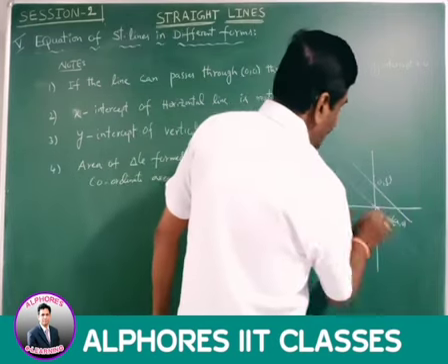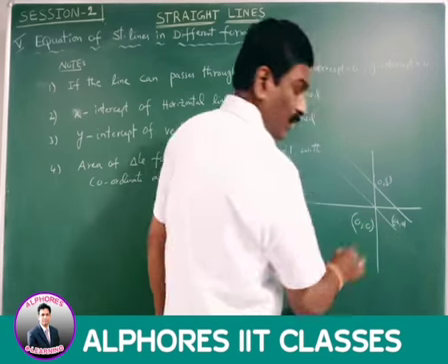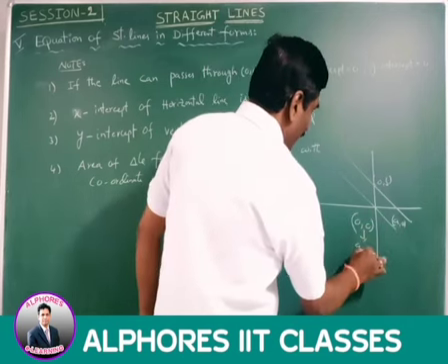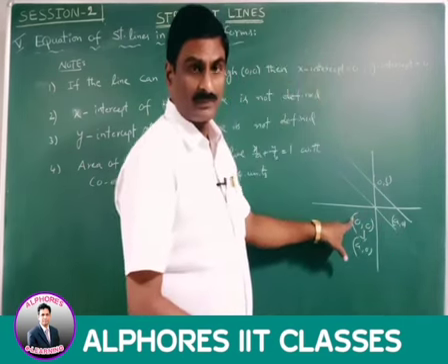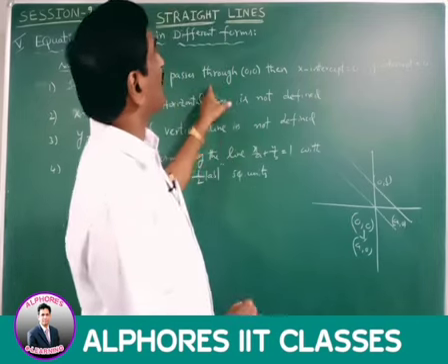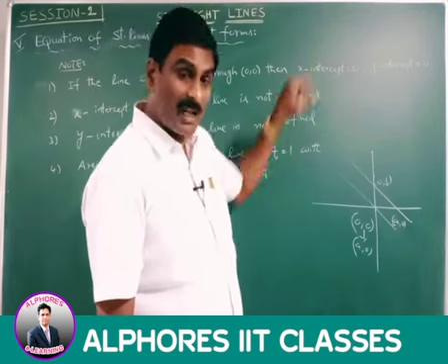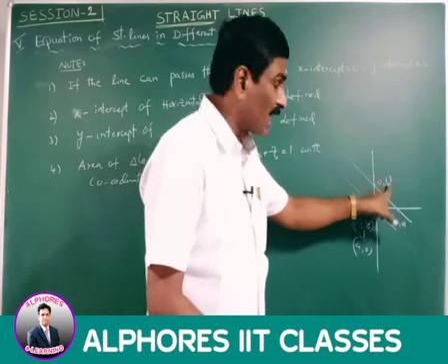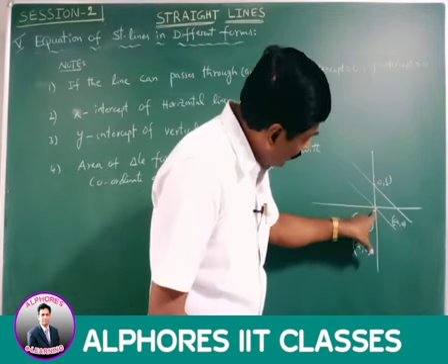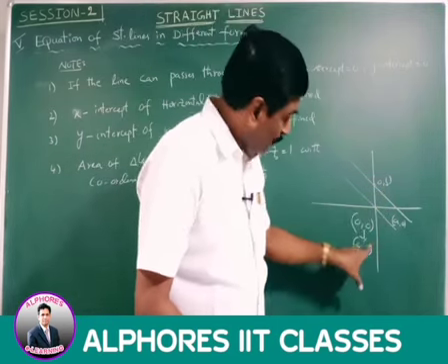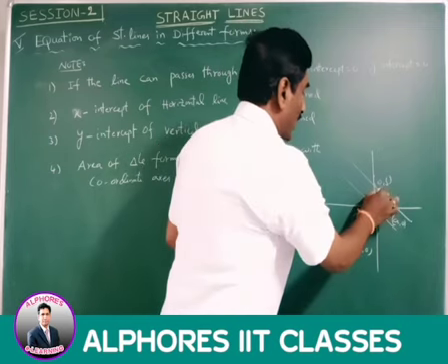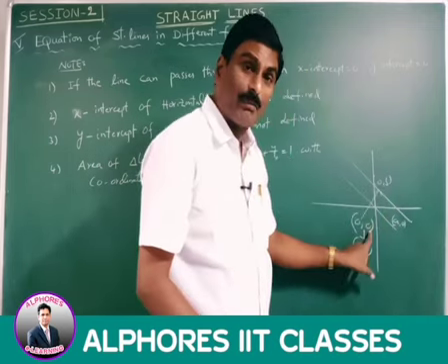Suppose the line passes through the origin, that means 0 comma 0. It cuts the x-axis at a comma 0 means a is equal to 0. So x-intercept of that line is equal to 0. Similarly, it cuts the y-axis at 0 comma b, that means 0 comma 0 is 0 comma b. What is the value of b here? b is equal to 0.